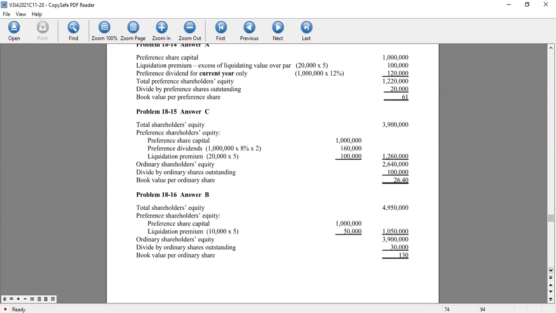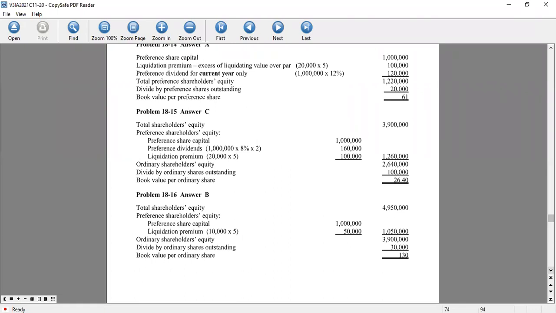So total of the preference shareholders equity deduct from the total shareholders equity 3.9 million is the ordinary shareholders equity. Divide by the ordinary shares outstanding of 30,000, taken by dividing 3 million by 100 par. So the book value per ordinary share of 130, letter B.